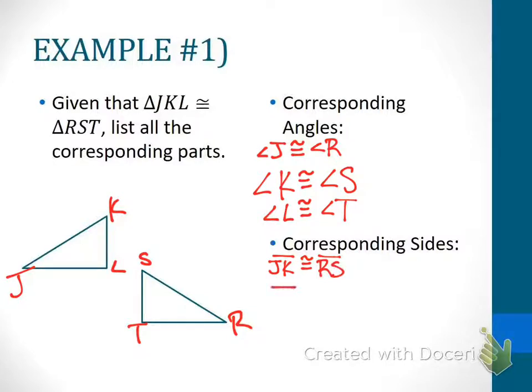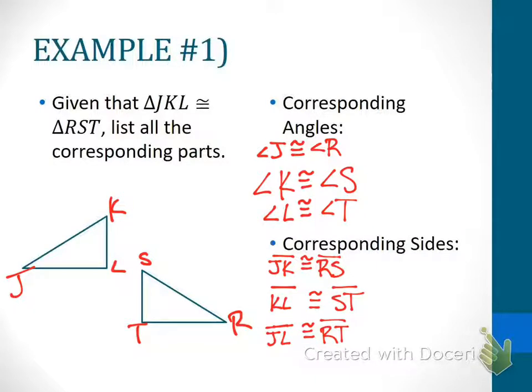We could talk about side KL. It would be congruent to ST. Lastly, we would have what side? Good. JL congruent to TR or RT. Remember that you can list sides with 2 letters forwards or backwards.